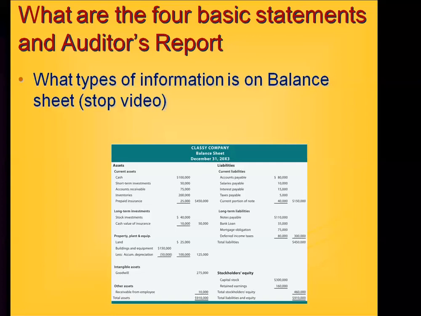So if it's a current liability, that means that you have to pay that within a year. Salaries payable would be salaries that you owe your workers. Interest payable would be interest that is due on a loan or some type of note. Taxes would be taxes that would be due. So those would be considered current liabilities.